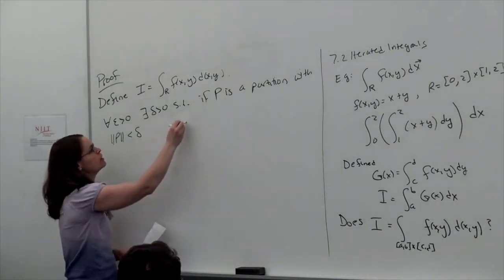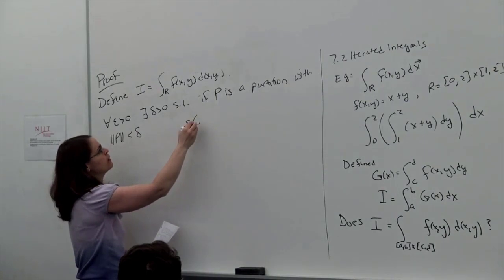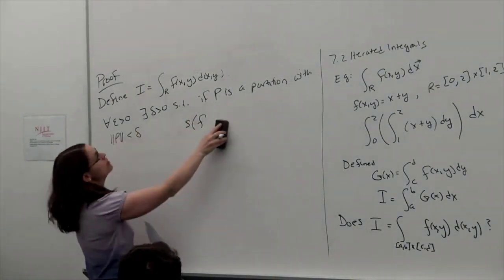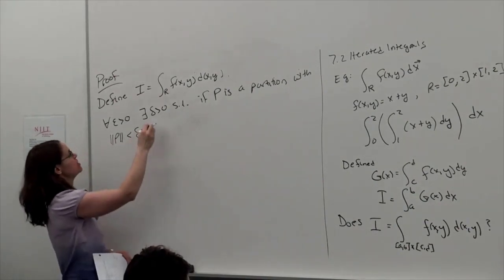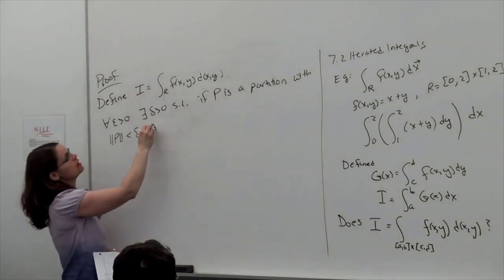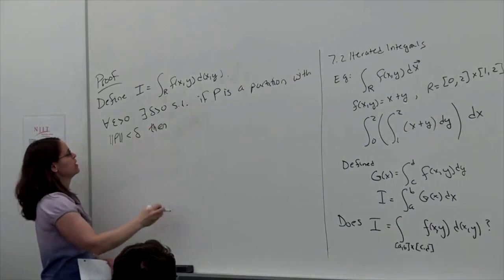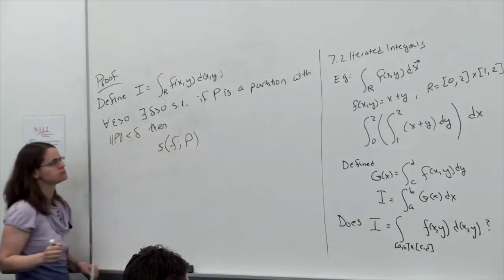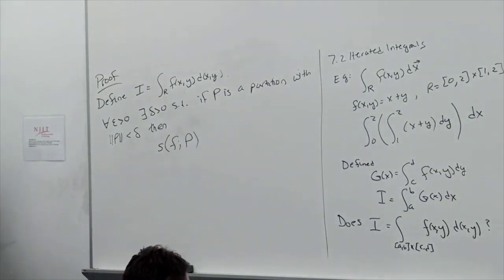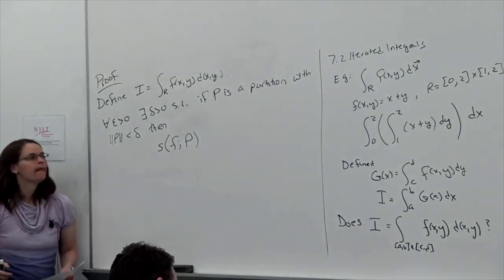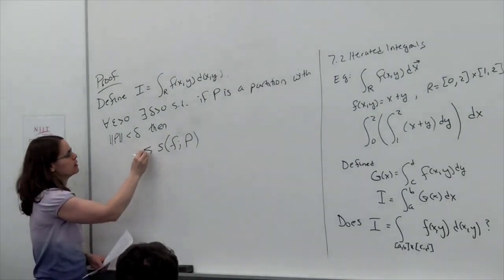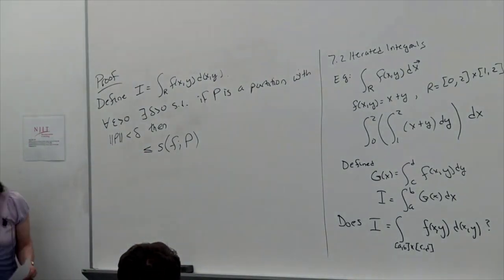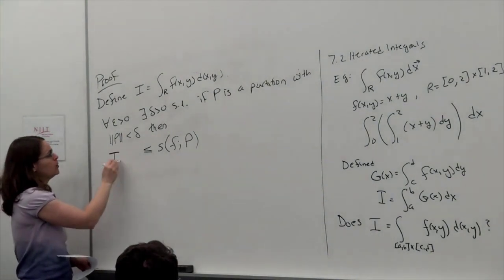Let me finish this sentence. If P is a partition with norm less than delta, then here we have our lower sum. All right, this is close to I. We expect it to be a lower bound on I, but it's not too small.